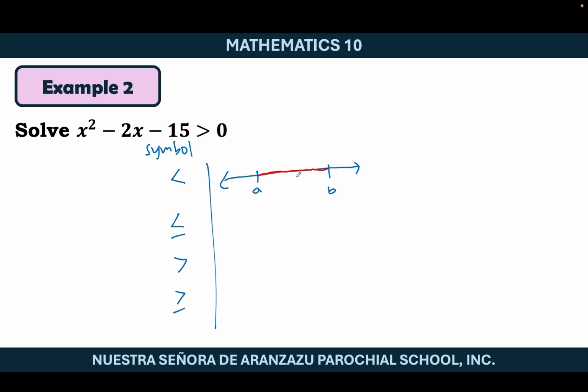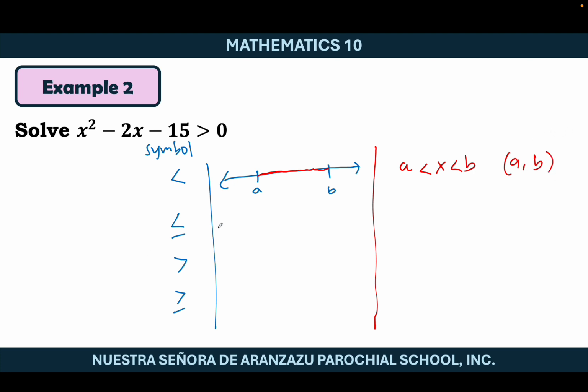So, region B lagi yung may shade sa kanila. And kapag sinulat mo yung interval notation mo dyan, it is always yung unang value ng x, then sundan lang yung symbol less than x, then x is less than the second value of x, b. Or pwede mo to isulat as (a, b).